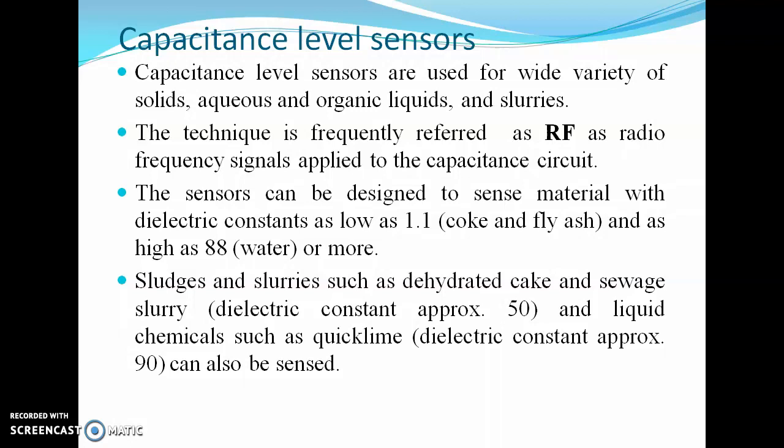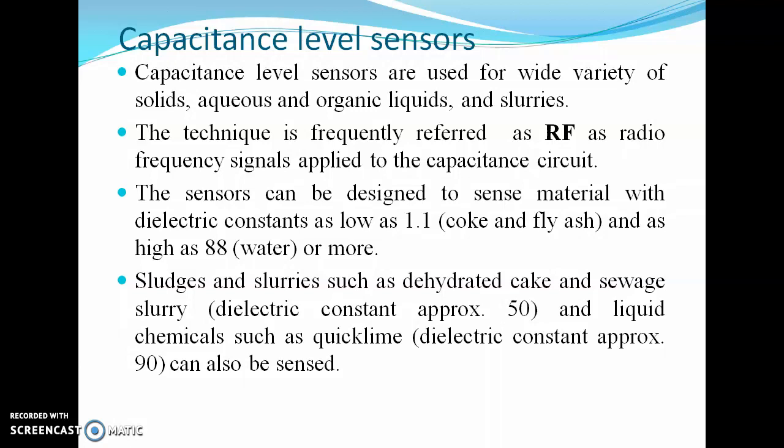The sensors can be designed to sense material with a dielectric constant as low as 1.1. Coke and fly ash have a dielectric constant of 1.1, and as high as 88, which is that of water, or more. Basically this sensor works on the principle of a capacitor.